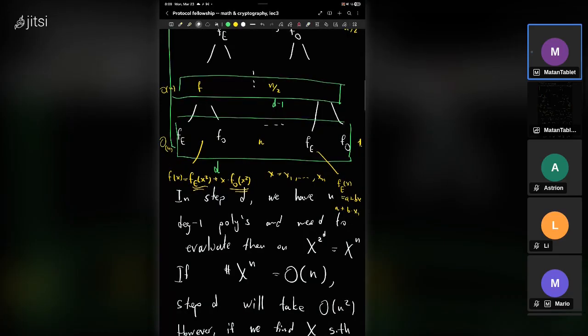And the F we care about satisfies this formula star here. F of x is equal to, with these Fe and Fo, they satisfy the formula F of x equals Fe of x squared plus x times Fo of x squared.